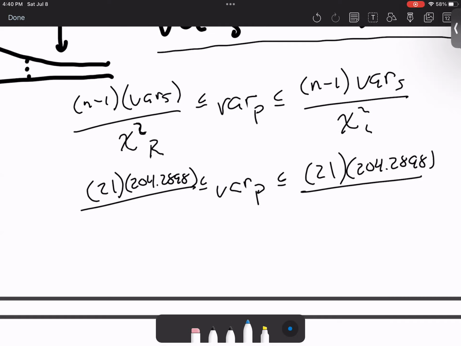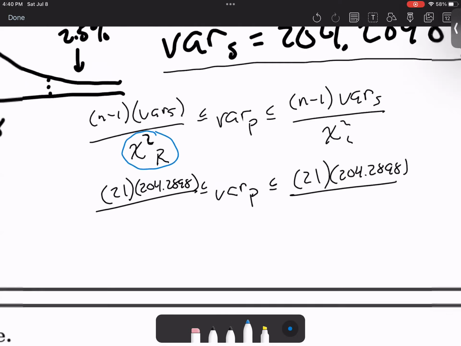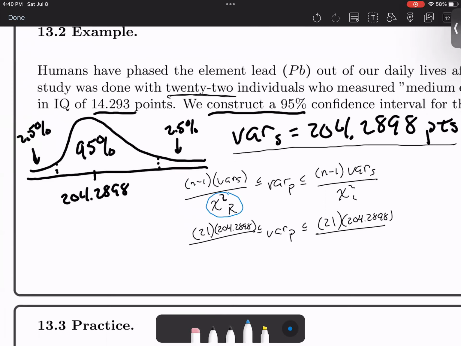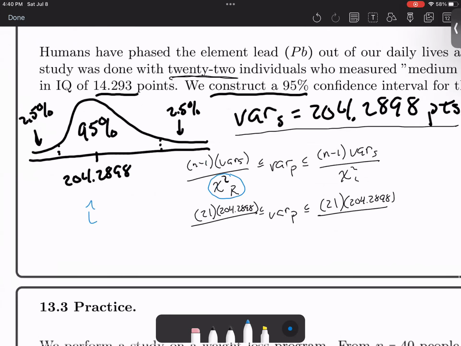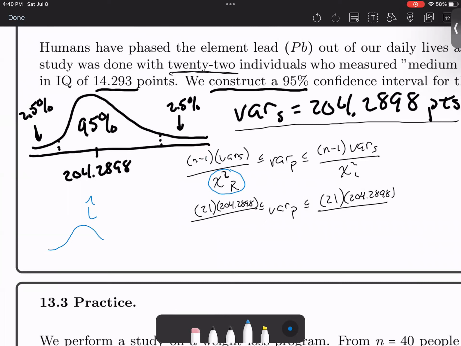All right. Now, what about the chi-square right value? Let's look at our picture. If we were to draw an asymmetric chi-square distribution with the same setup, you have 95% there in the middle, 2.5 in each tail. We're starting with chi-square right, the critical value on the right-hand side of this distribution.